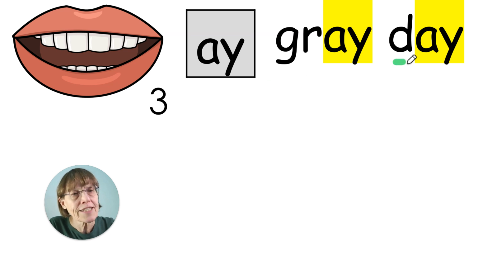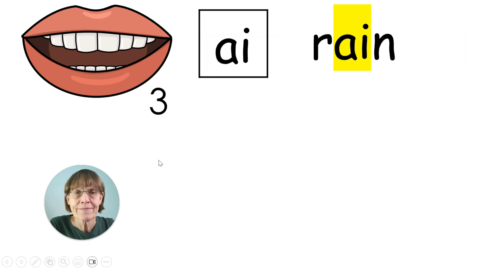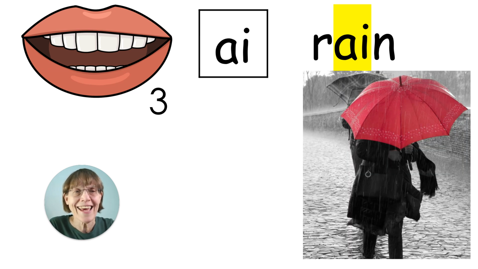And then we have A. 3 letters, but only 2 sounds. A. Gray day. Please read rain. AI says A.